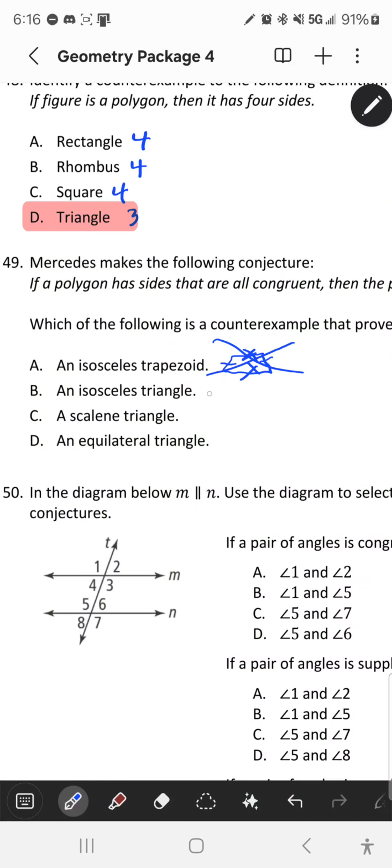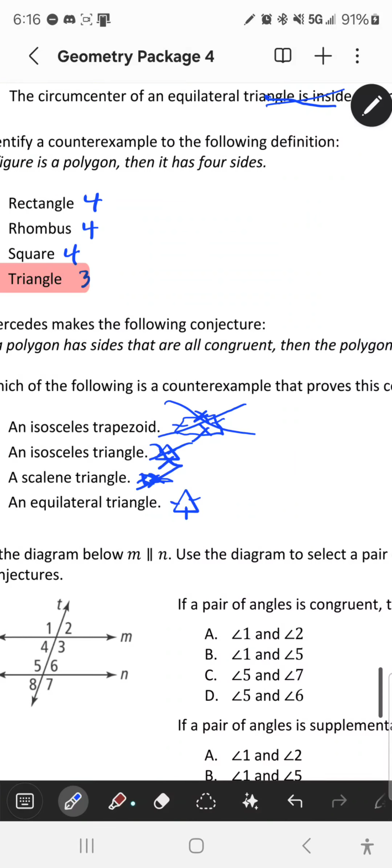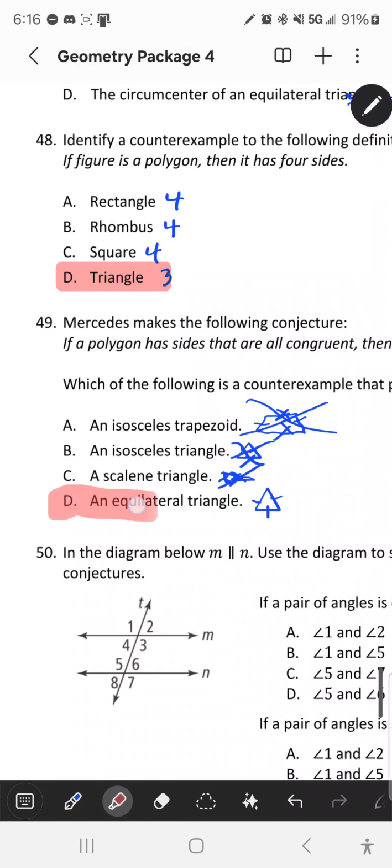So this is wrong. Isosceles triangle: this one is congruent to this one, but this one is different. So wrong. Scalene triangle: all are different. So nope. An equilateral triangle: all sides are equal, and it is not a square. So this is the one we're looking for.